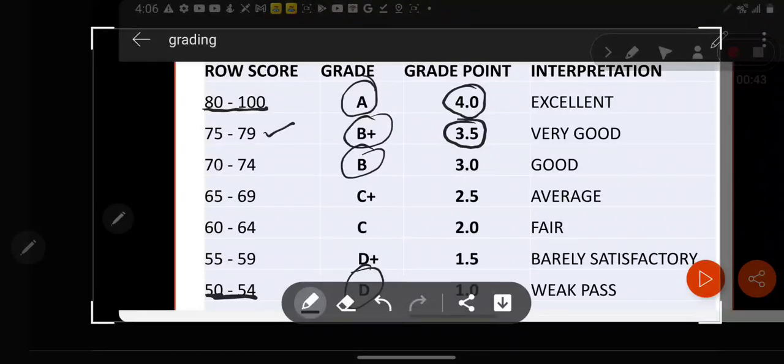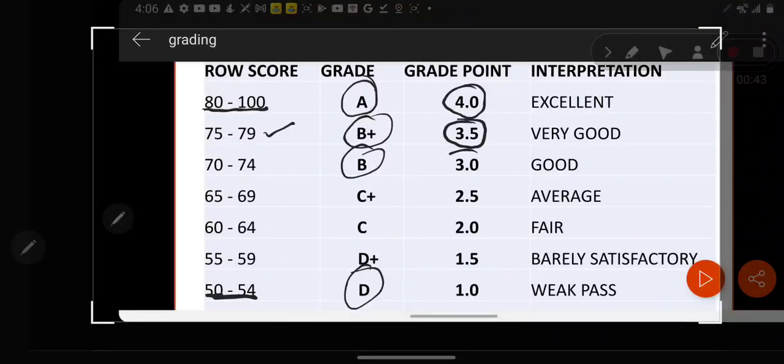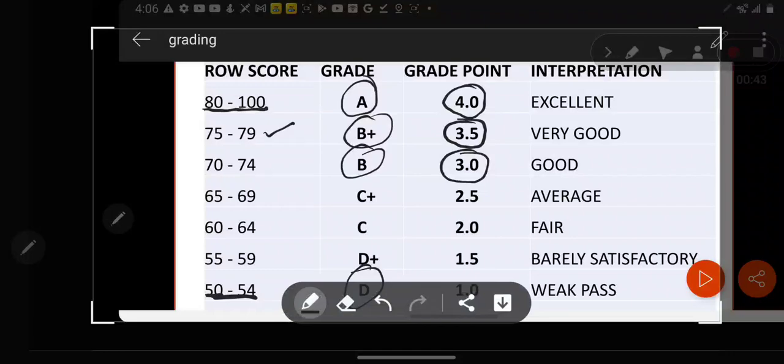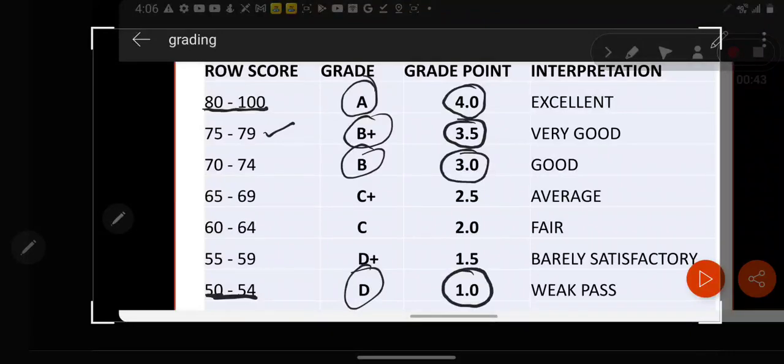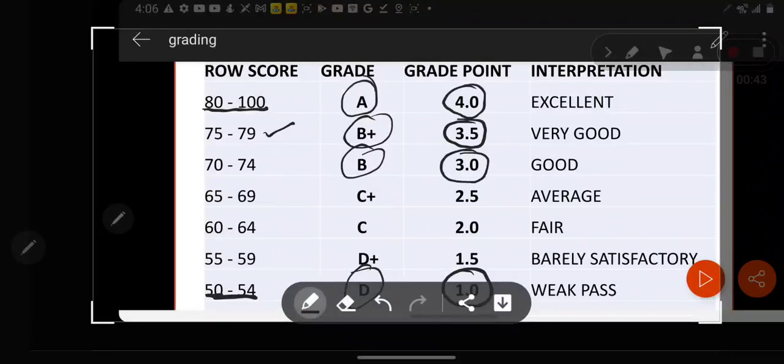Between 70 and 74, the grade point is 3, until you get to 50 to 54, which has a grade point of 1.0. If you score less than 50, that is 0 to 49, the grade is E and the grade point is 0.